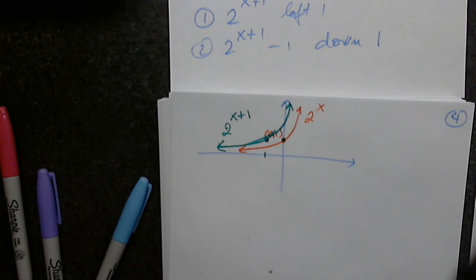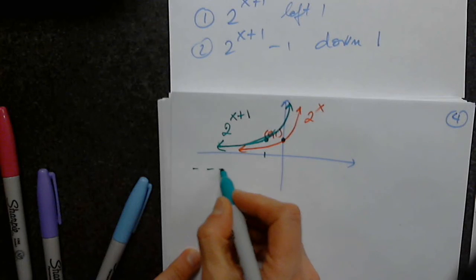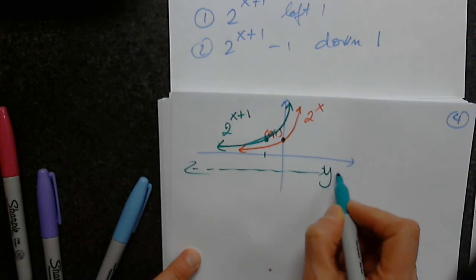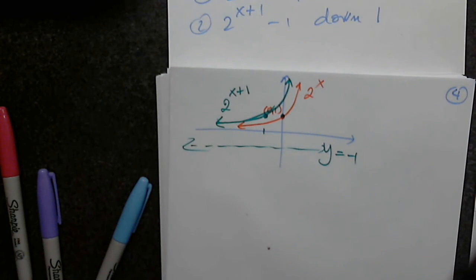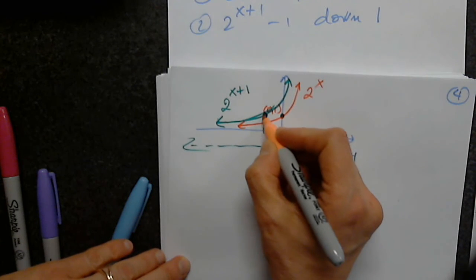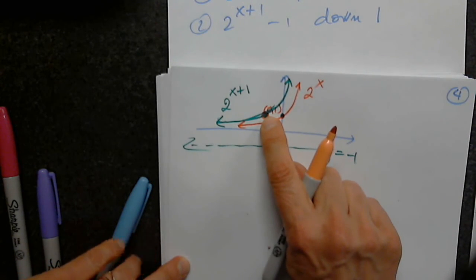Correct? Good. Now, you told me to shift this down 1. What do I have to shift first? Correct. And where does it go? From y equals 0 to? Very good. Excellent. So I have to draw a horizontal asymptote y equals negative 1. And my marker is this point again, right here. Where do I shift this point?